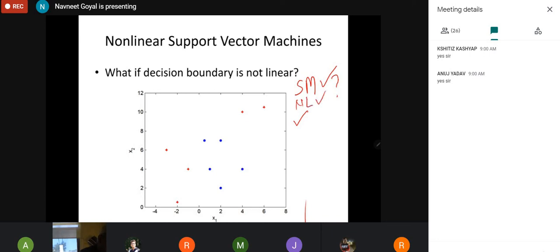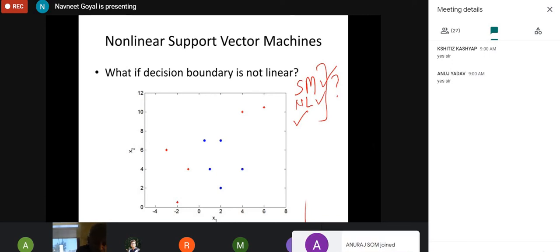This is the question that I have to answer. In this case, fitting a soft margin SVM may not make much sense, because where do we draw the line? It is not very intuitive to use SVM.